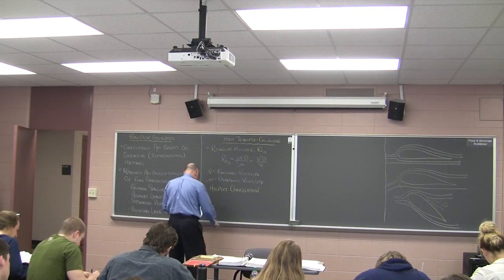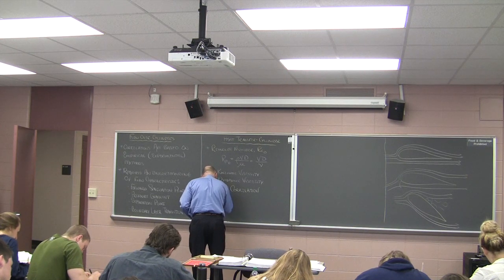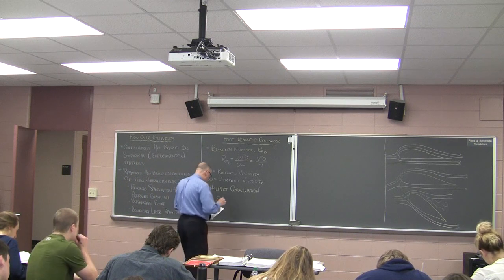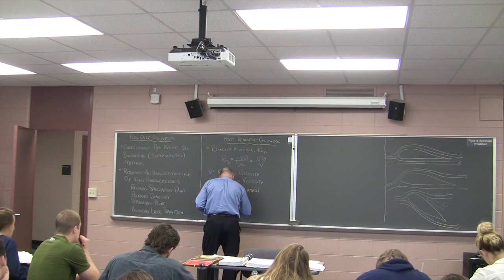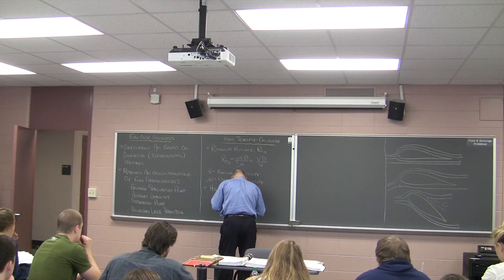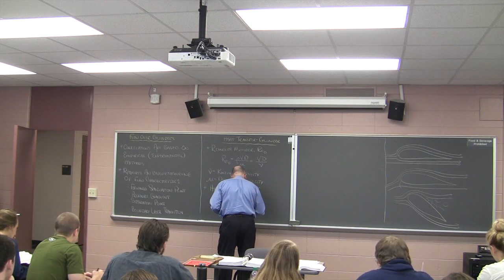All right, the Hilbert correlation: the average Nusselt number is equal to C times the Reynolds number based on D, to the m power, times the Prandtl number to the 1/3.